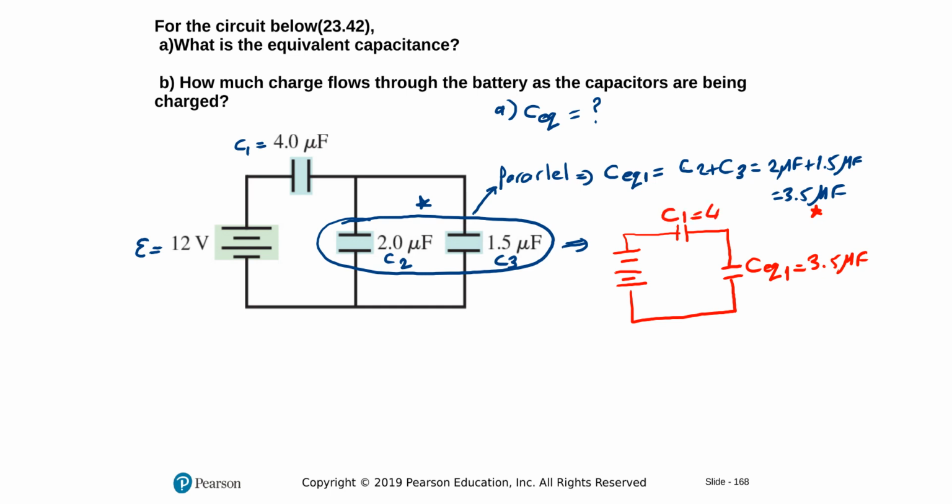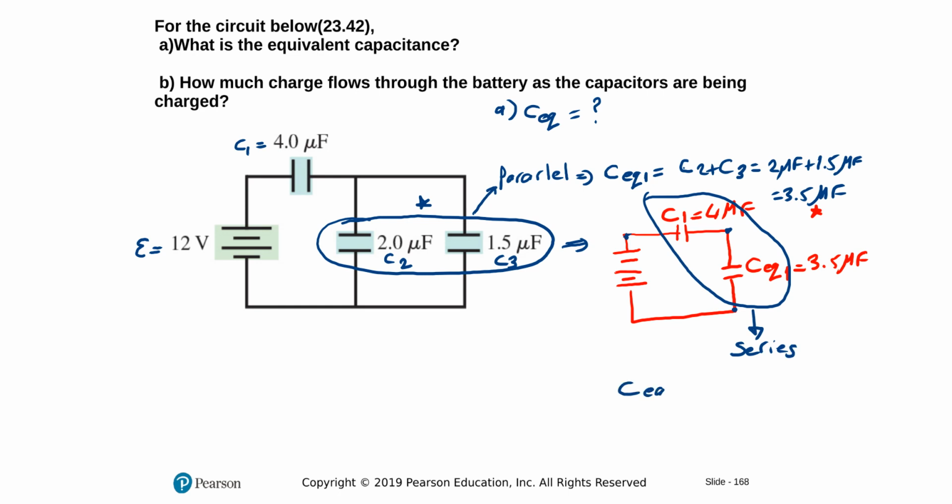C1 is 4 microfarad. And clearly I have them in line, along the line, they are combined in series. So this is in series, and that will give me my equivalent capacitance overall.